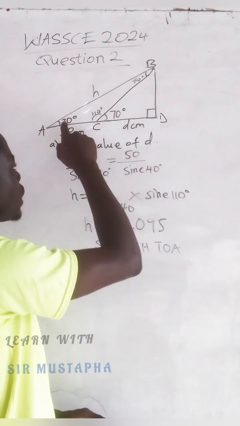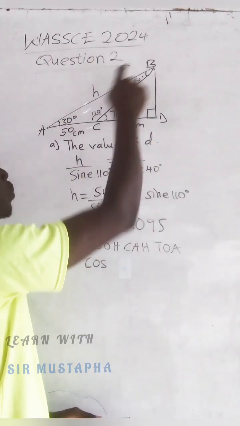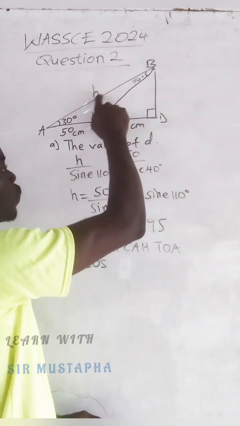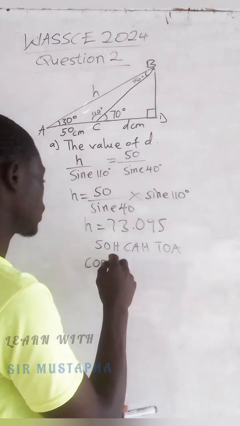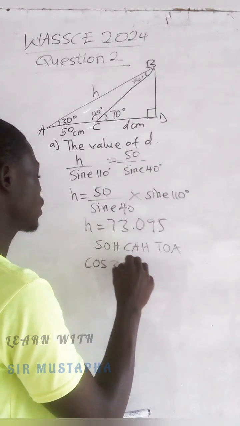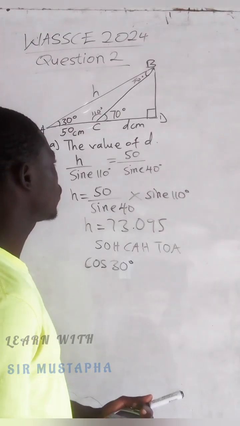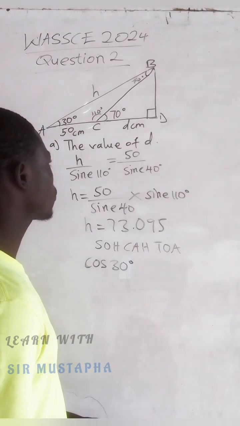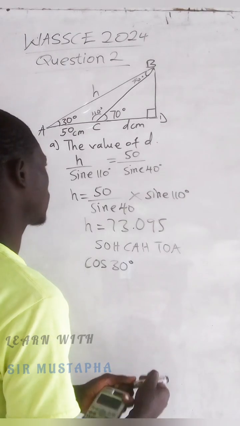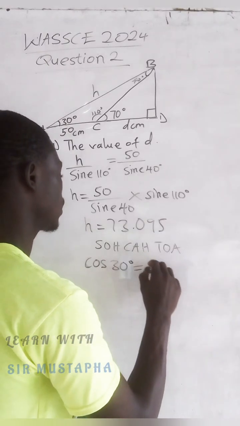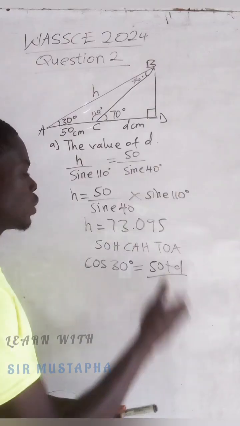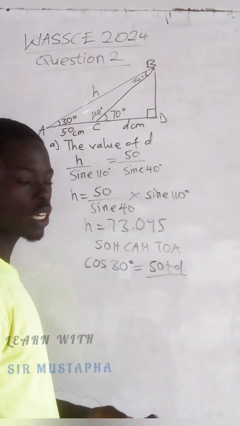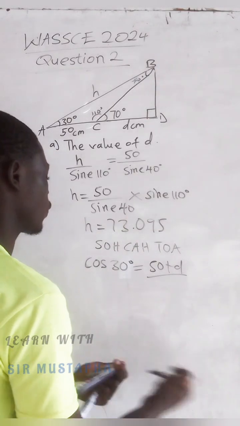We are going to use 30, which is angle ABD, and the hypotenuse falls on that one. So cos 30 degrees will give us the adjacent, which is 50 plus D, over the hypotenuse, 73.095.